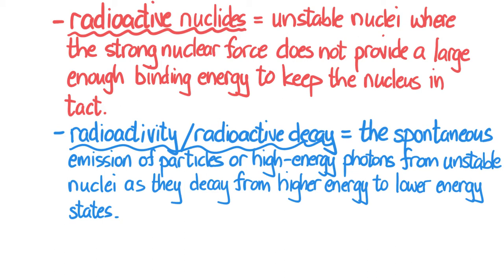And so the neutrons that are added, they add strong nuclear interaction. Remember, strong nuclear interaction takes place between baryons, so that would be neutrons and protons, and so they would attract.